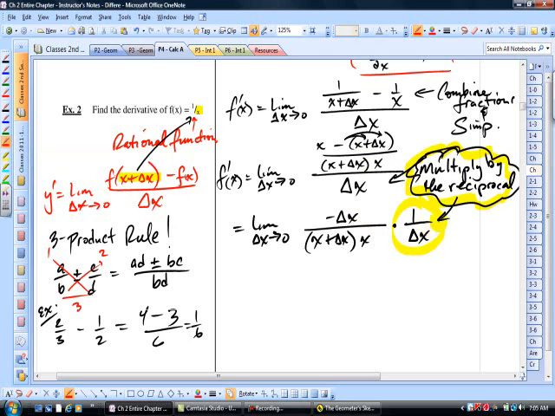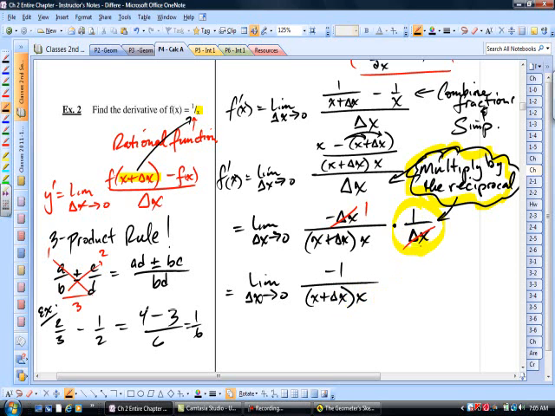Remember, your goal is to cancel out this discontinuity. I'm going to do it right now. Ooh, look at that. All right, and I get -1 in the numerator. So now I have a simple limit that I can evaluate. We're going to take the limit as delta x approaches 0 of -1 divided by x plus delta x times x.